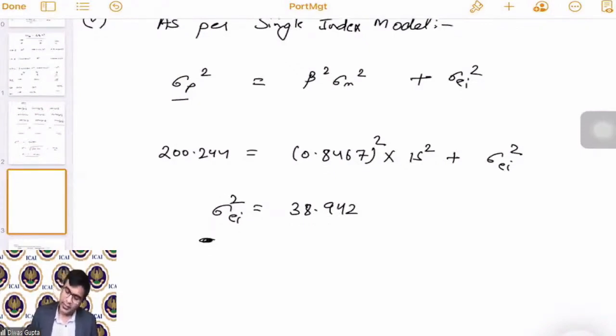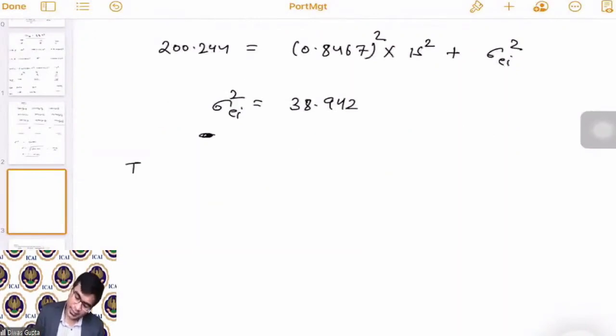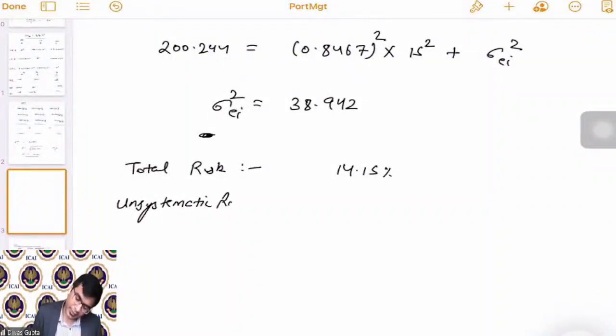Now finally, we can put it like this. Total risk was how much? 14.15 percentage. Unsystematic risk: this 38.942 we have to take a square root because this is a variance and we have to calculate the standard deviation, correct?